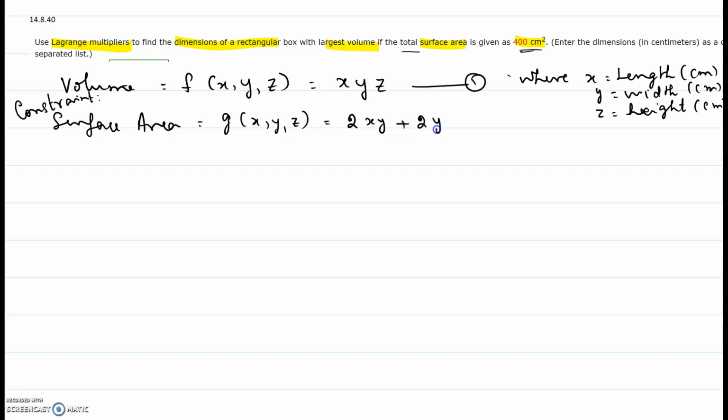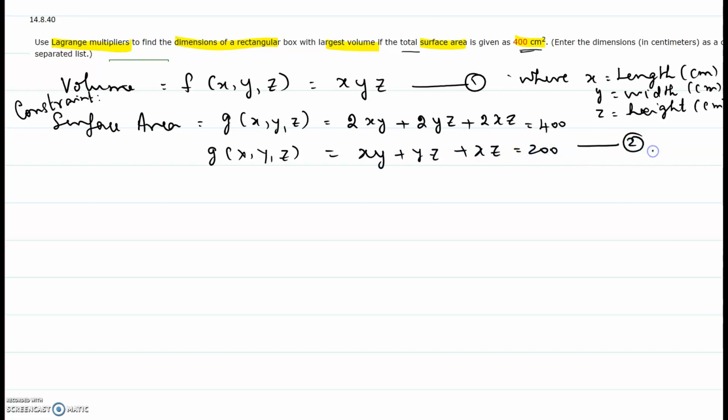The sides, you will have y times z, but will have 2 sides, and then x times z will have 2 sides. So there are 6 sides in total. The total surface area is going to be 400 centimeters square. So if we divide throughout by 2, g of xyz would become xy plus yz plus xz equal to 200. Call it equation 2.